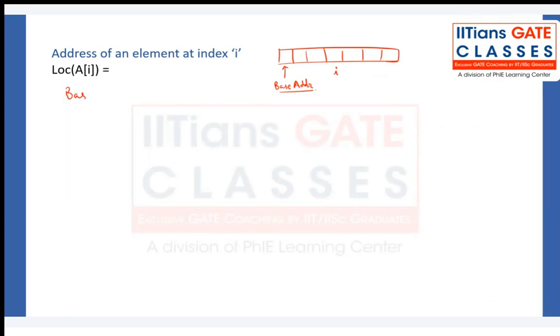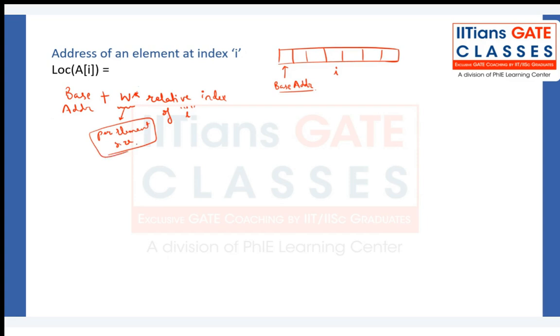So how would you define the address of the ith element? One thing is we would definitely need a base, because we need to know from where the array starts, plus W into the relative index of I. First of all, W is nothing but your per element size.